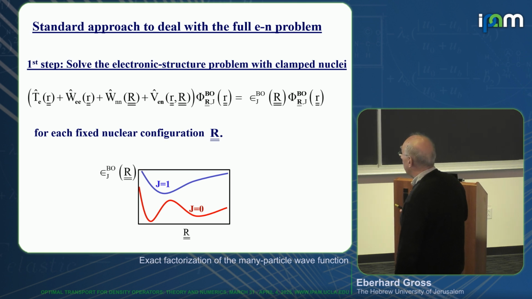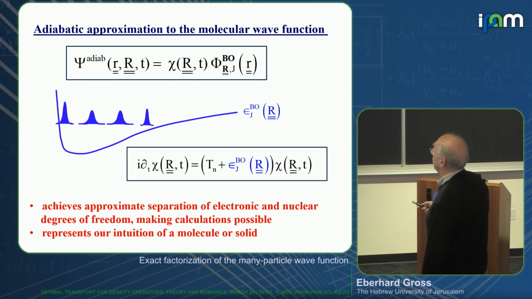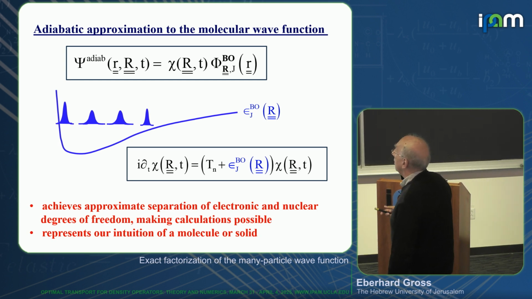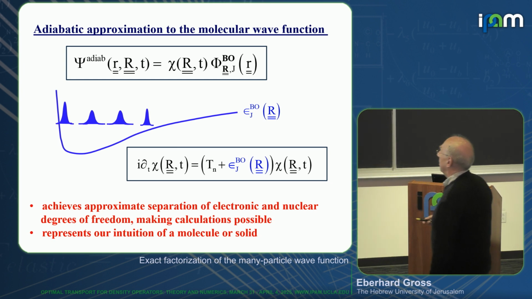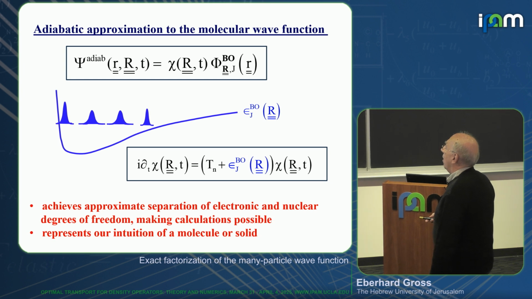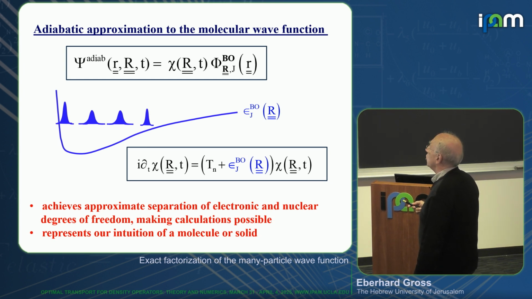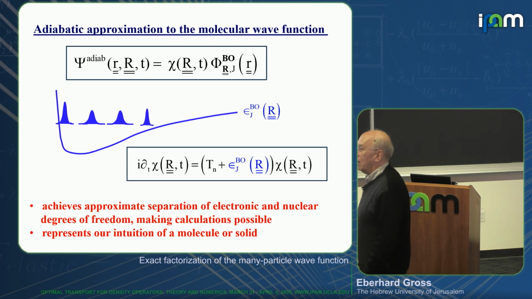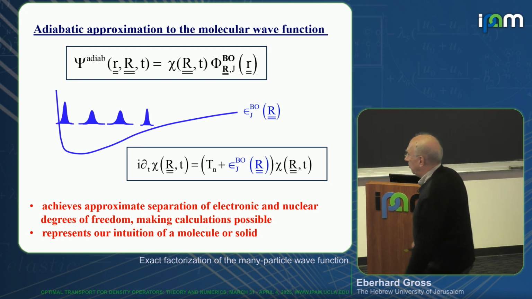We take one of those, but at all nuclear positions, ideally. So this one is fixed. And then that one is the solution of a Schrödinger equation where the eigenvalue of this one as a function of nuclear coordinates acts as a scalar potential. So that's the adiabatic approximation.